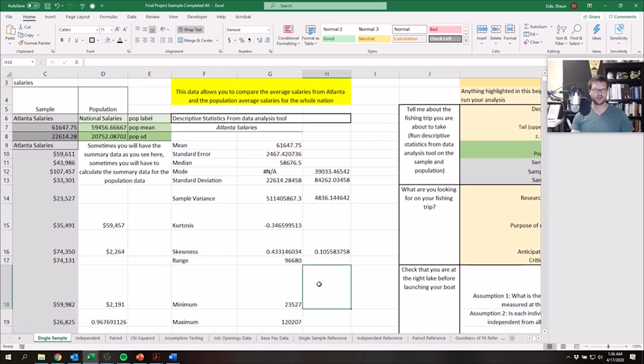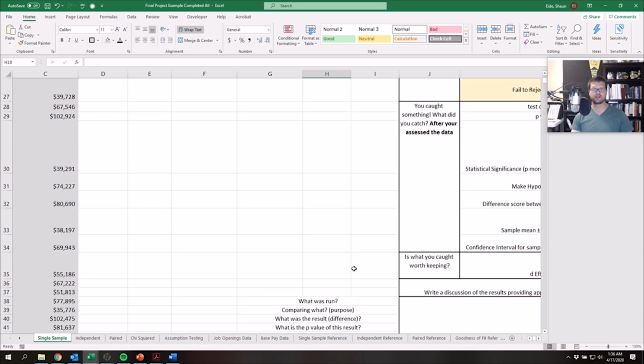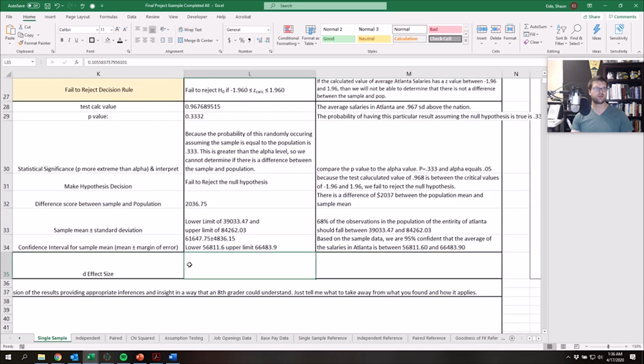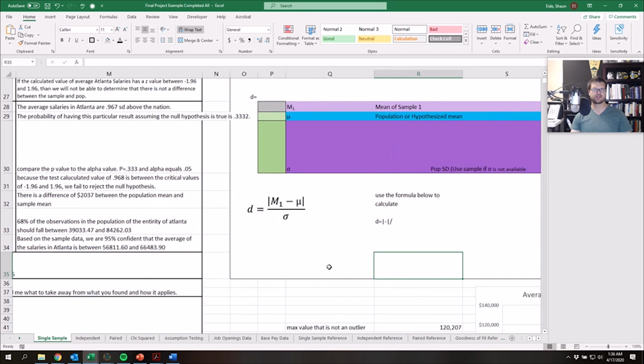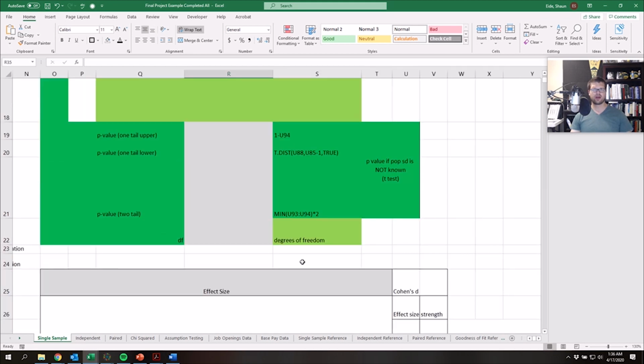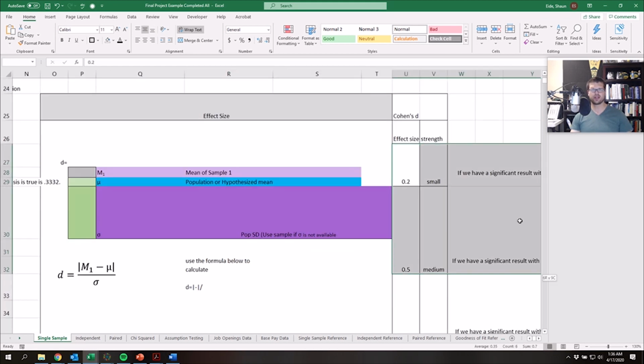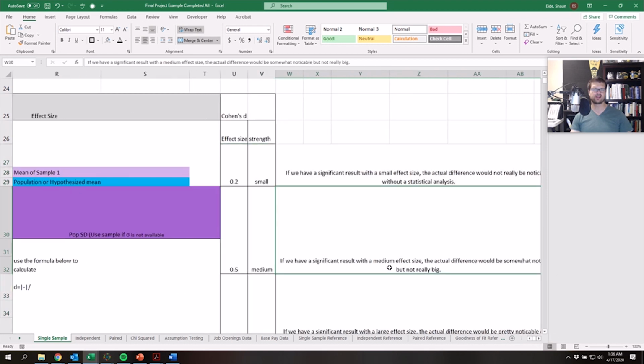And let's come over here for a second and take a look at how big this effect size is. Okay, so this says 0.106. If we have a significant result with a small effect size, the actual difference would really not be noticeable without statistical analyses or without a large sample size.